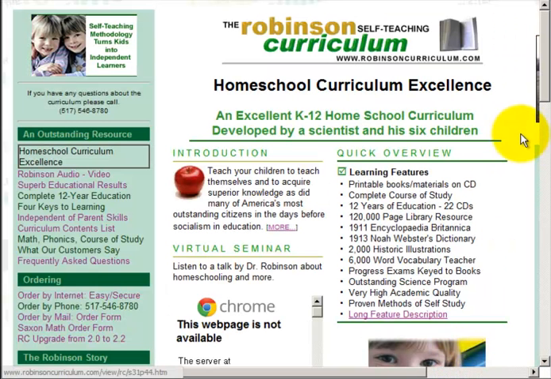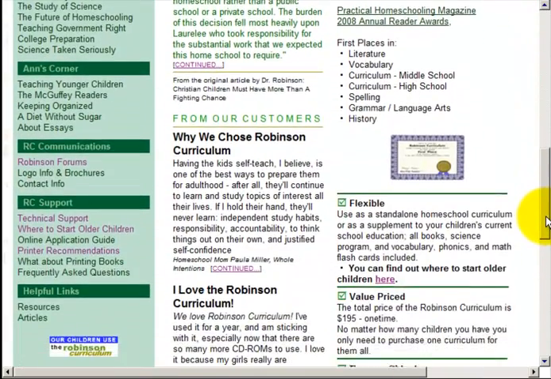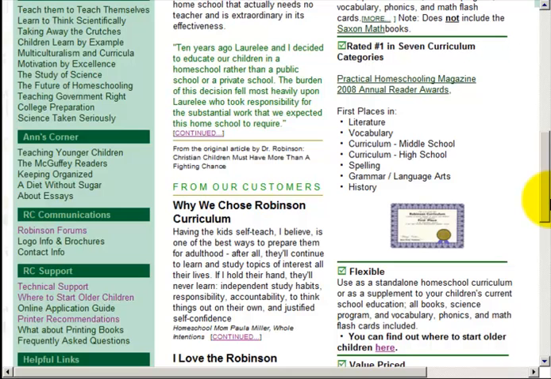Another resource we have for older students and where they should start is in the Robinson Curriculum website. So here's the home page. If we go over here, I scroll down, we have a couple of things to help them.